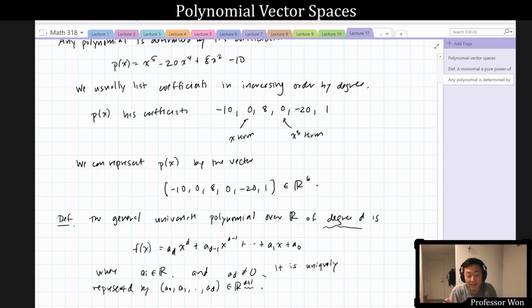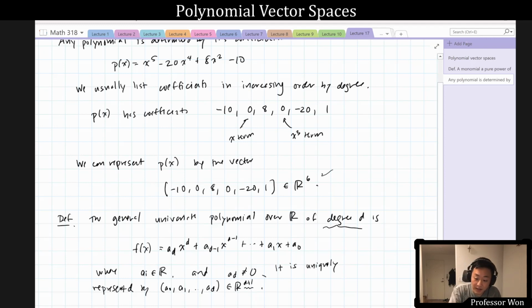If you're giving me vectors of length 6, but now I want to talk about degree 10 polynomials, I can't do it in terms of giving you 6 coefficients. I need to give you 11 coefficients, and there's no way to do that with vectors that look like this, right? So this is a new kind of vector space if you want to consider all possible polynomials, because you don't know what length the vectors have. There is no fixed length that will work for every single polynomial.